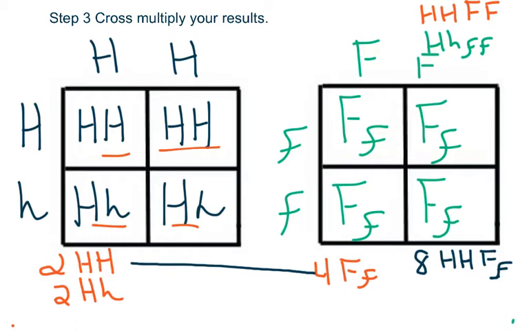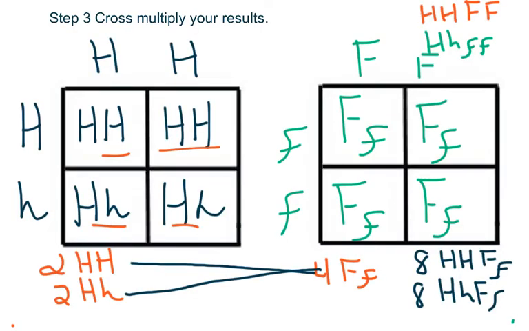So we have 2 capital H, lowercase h's. So I'm going to cross multiply over here. So again, 4 times 2 is 8. And then I'm going to put the genotypes together. Okay, so again, this would be your genotypic ratio. 8 capital H, capital F, lowercase f, to 8 capital H, lowercase h, capital F, lowercase f.